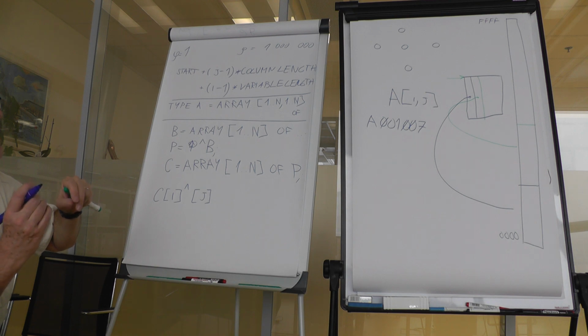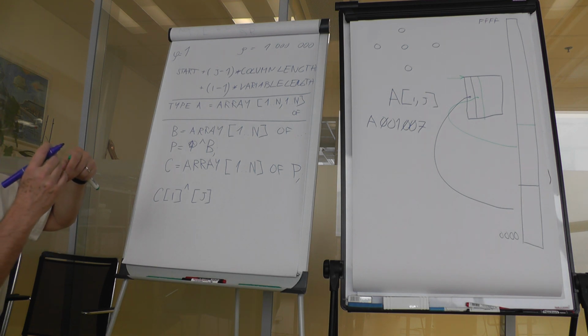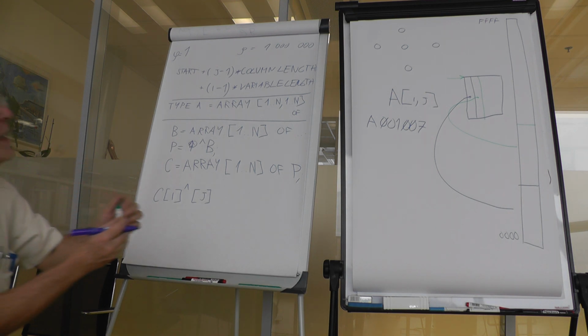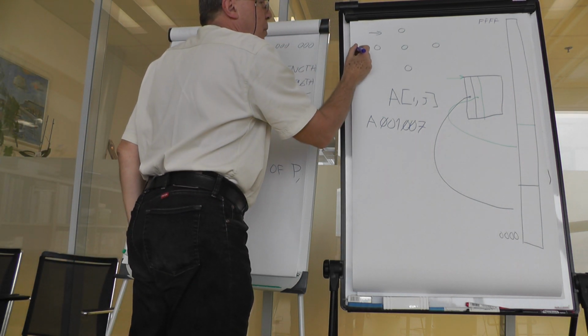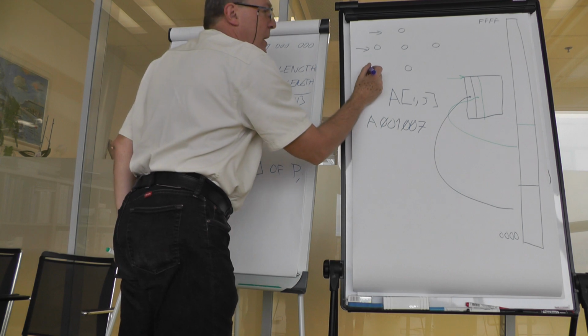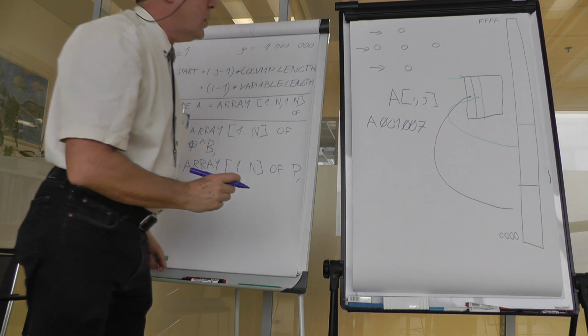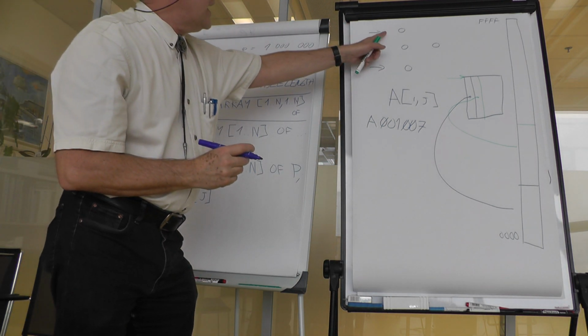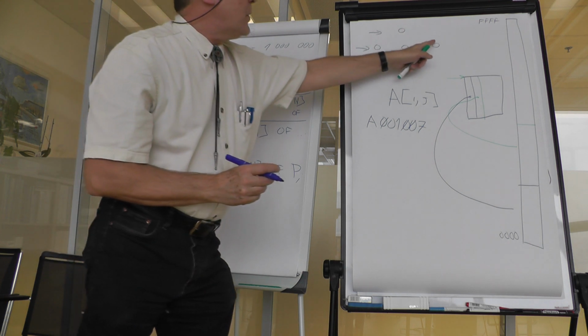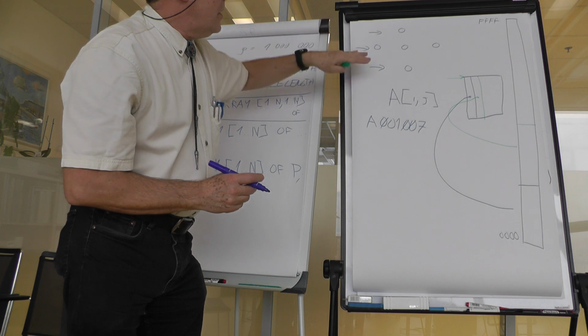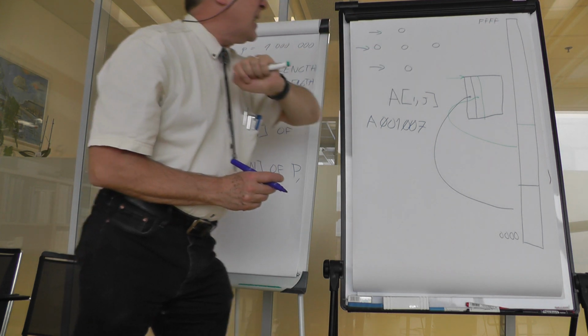And if I make some tricks with it, I can set one pointer to the upper row, one pointer to the middle row, one pointer to the lower row, and then I only get this value, this value, this value, and this value from one-dimensional arrays.